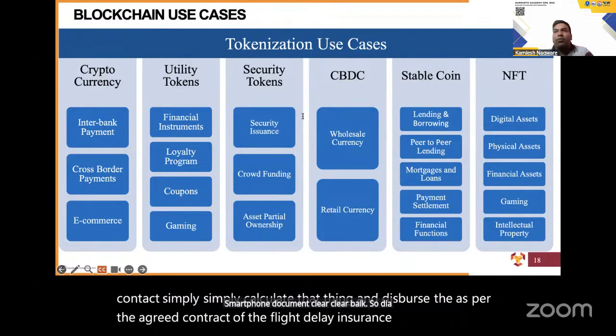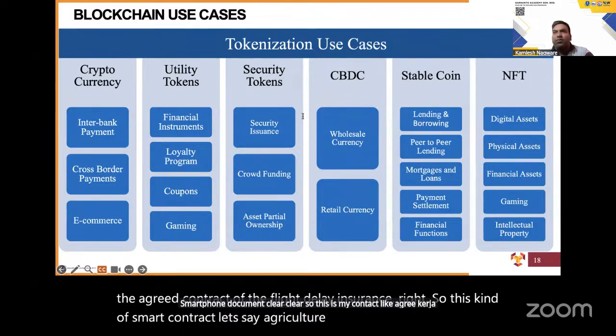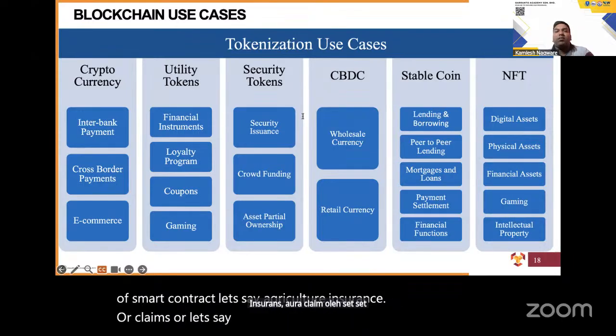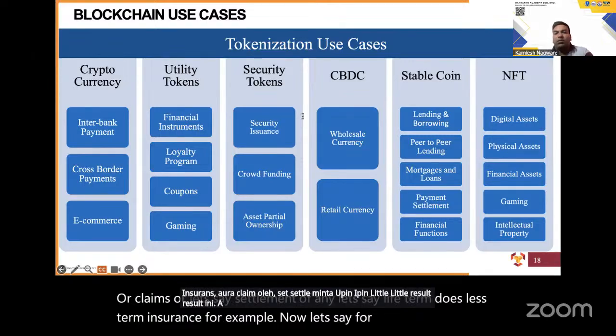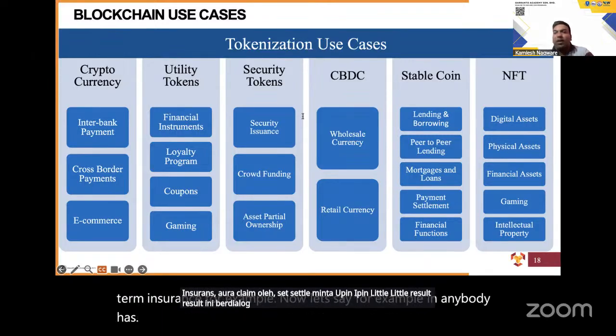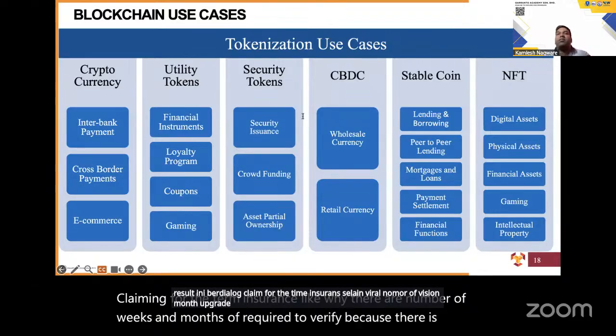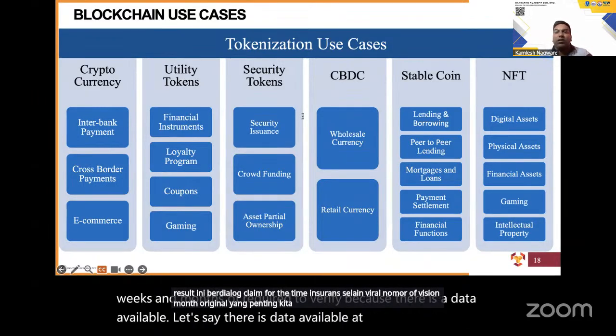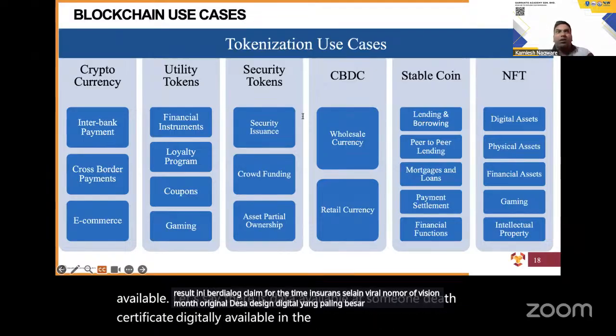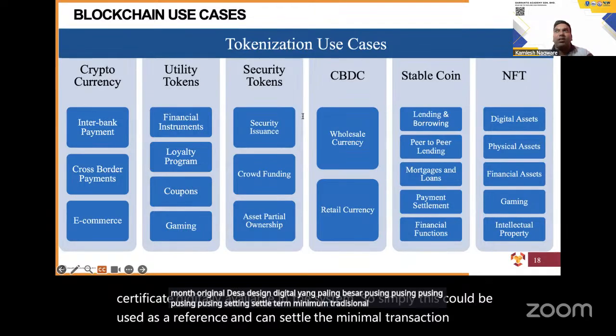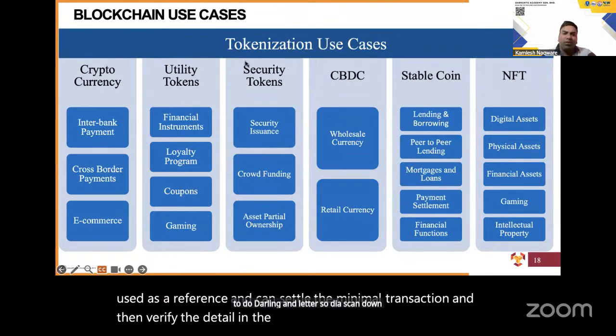So this kind of smart contract, let's say agriculture insurance, or claims, or settlement of, let's say, term insurance. Now, for example, anybody is claiming for the term insurance. Why do the number of weeks and months required to verify? Because if the data is available, let's say someone's death certificate is digitally available in the system, simply this could be used as a reference and can settle the minimal transaction and then verify the detail later. So this kind of smart contract could be in place.